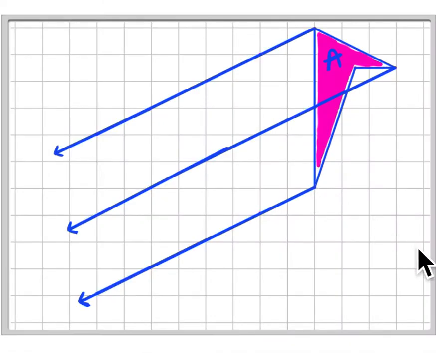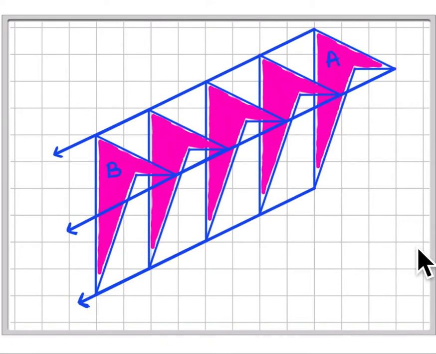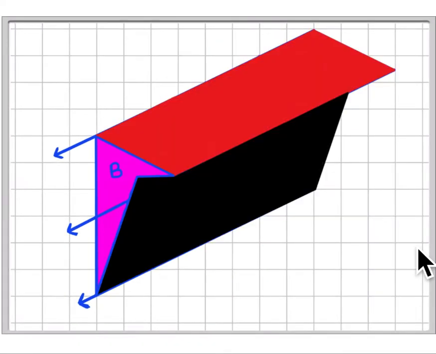So here's a little animation of A being translated to B. So there goes A to B. Now when I look at these, I remember in 7th grade we studied prisms. And a prism is nothing more than two bases, two images being translated copies of each other. So B is a translated copy of A, and B is the base of the prism, and A is on this side.